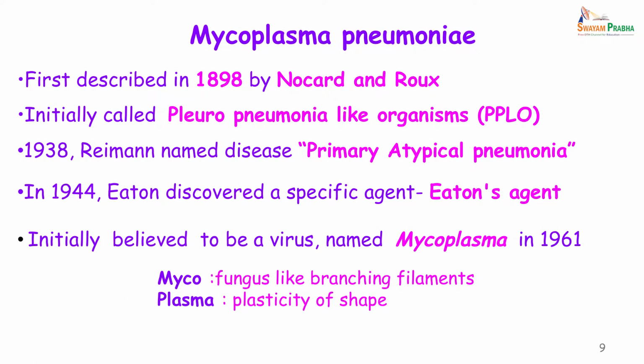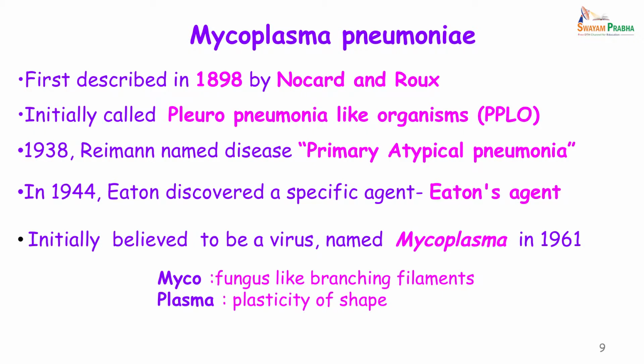Mycoplasma pneumoniae were first described in 1898 by Nocard and Roux. Initially, they were named pleuropneumonia-like organisms, PPLO. In 1938, Riemann named the disease primary atypical pneumonia because it would not respond to penicillin.